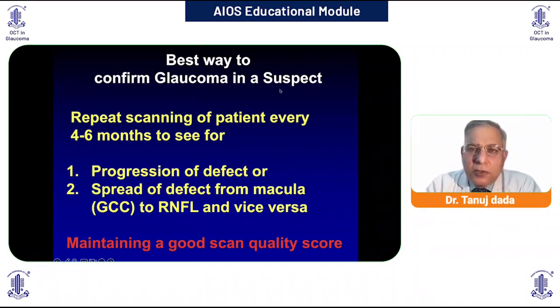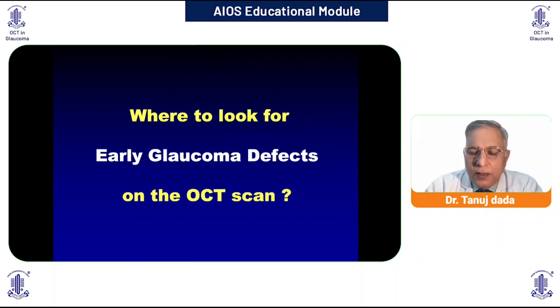So this is the best way to diagnose glaucoma. Follow up the patient over time, look for progression of the defects, either the retinal nerve fiber layer or the ganglion cell, always maintaining a good quality scan score.